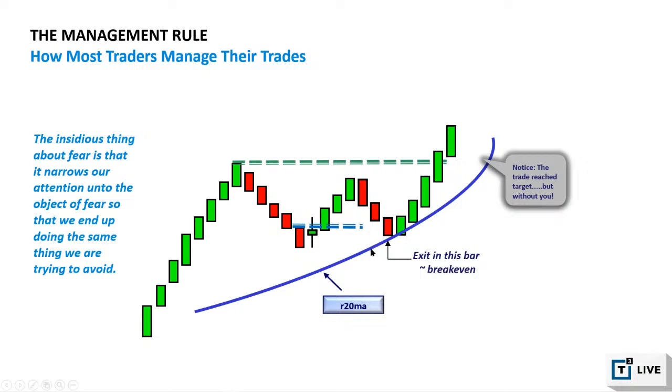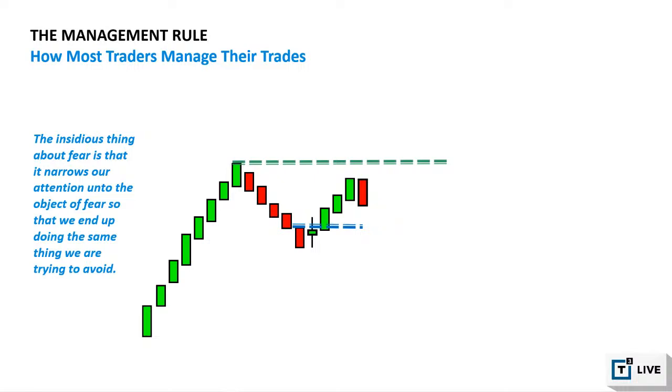But I will tell you really what happened. The trade made money available right here. The trade was in the money. But you decided not to take the small profit, which is fine, because you wanted to hold for the real target, right?